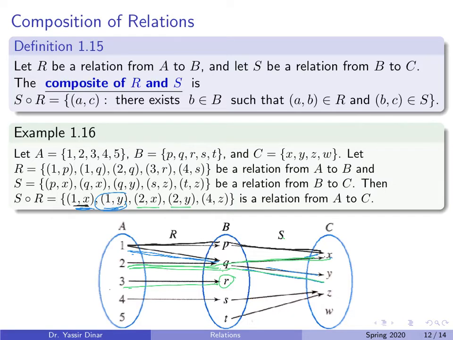While 4 goes to S and S goes to Z under S, so we get the element 4Z. Now T to Z will not contribute to my composition, because there is no element in A related to T under the relation R. So we find 5 elements in the composition of these two relations using the arrow diagram.